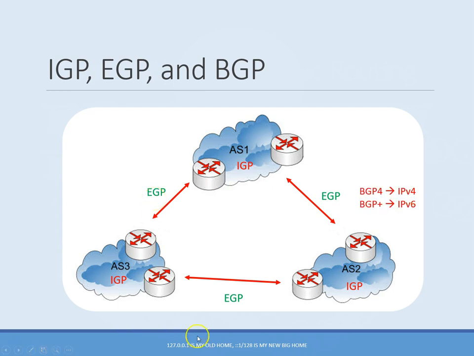Okay. What about the Border Gateway Protocol? Border Gateway Protocol is the current EGP used between autonomous systems on the internet.